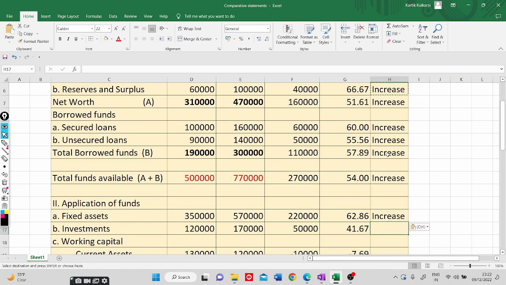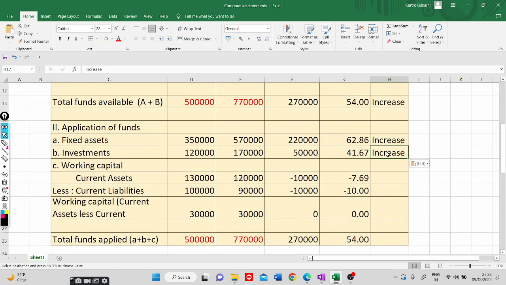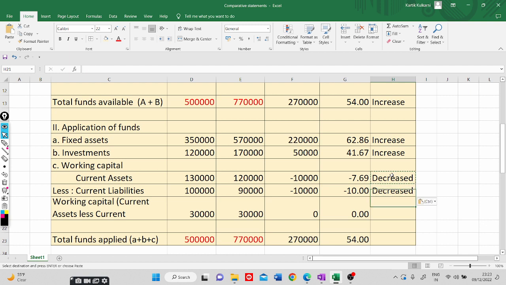Here also the fixed assets and investments are increased, but we can see current assets are decreased, even the current liabilities is also decreased, with no change in the working capital, and here the total of the assets is also increased.